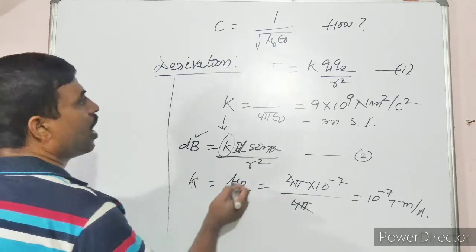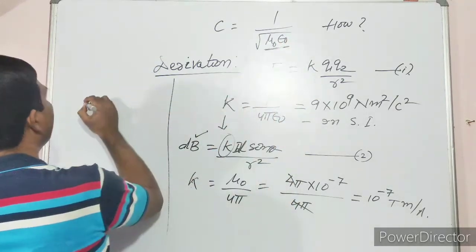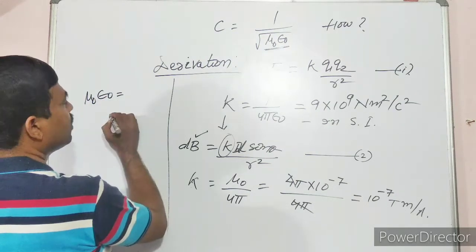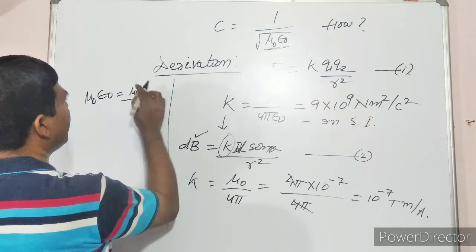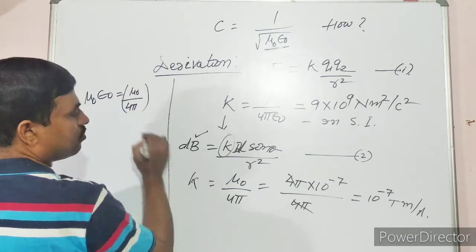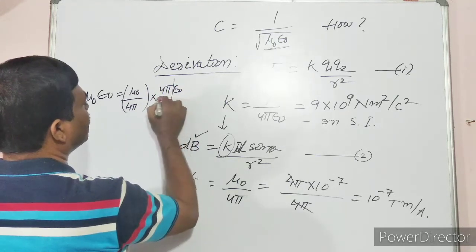Our focus is to find this. How will you get mu naught epsilon naught? You can write mu naught by 4 pi as one term, and another is 4 pi epsilon naught.